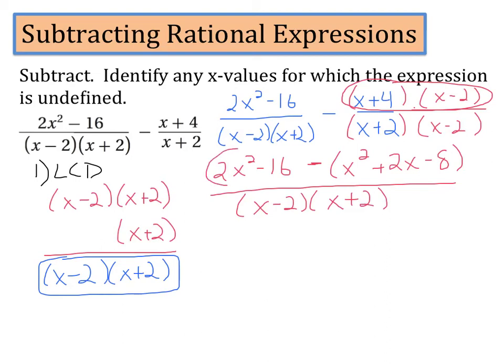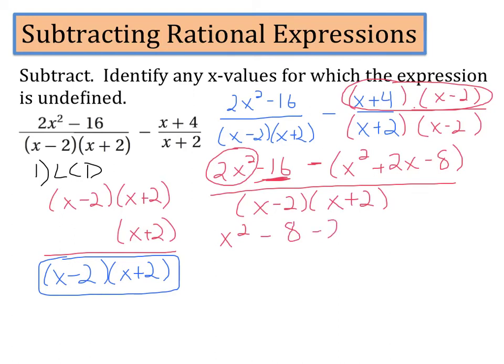So I'm going to have my 2x squared minus my x squared. That'll leave me with x squared. I have my negative 16 with my positive 8. So I'm going to have minus 8.